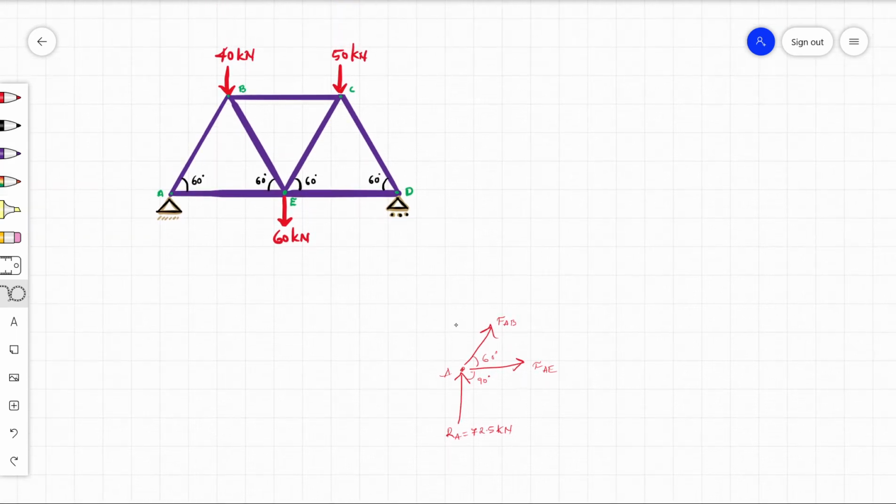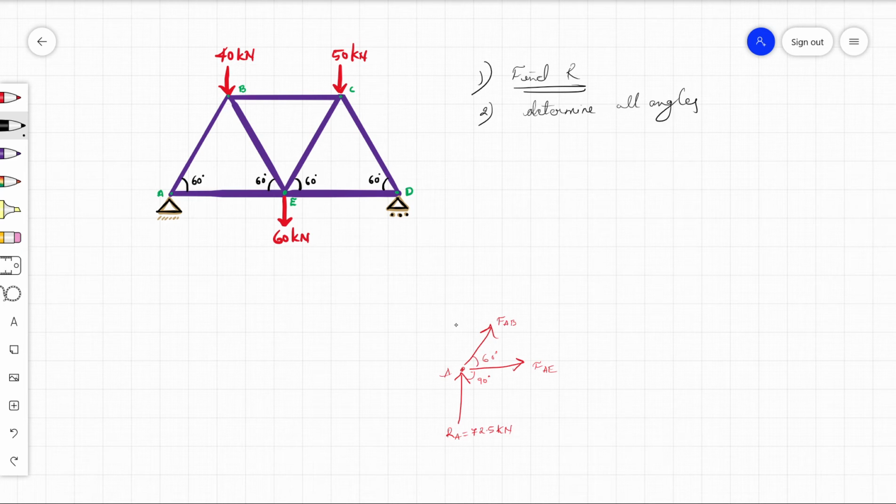Now our first step always is to find reactions. After that, the second step is we need to adjust or determine all angles. We need some angles, right?